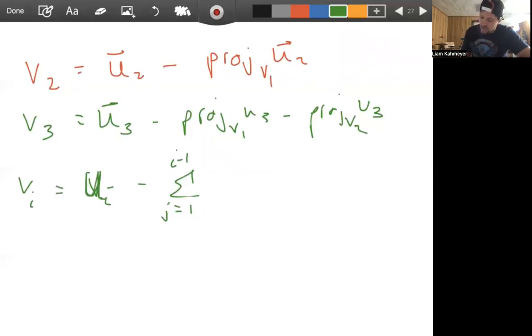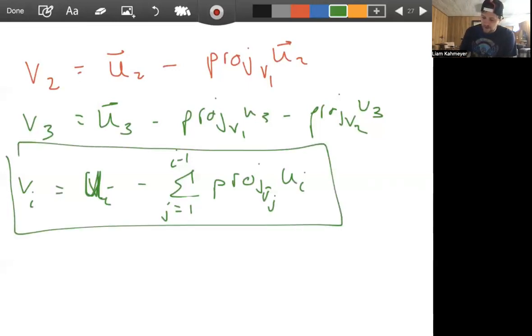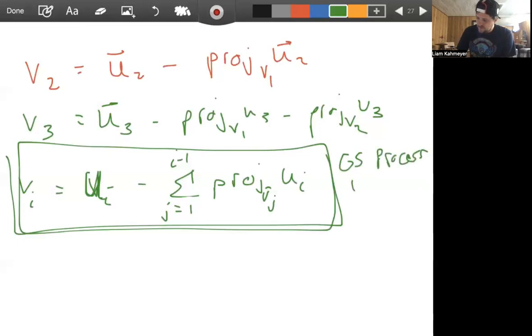UI, minus the sum where J goes from 1 to I minus 1 of the projection of UI onto VJ, right? And so that is what you would have if you wanted to memorize the Gram-Schmidt process in one formula.